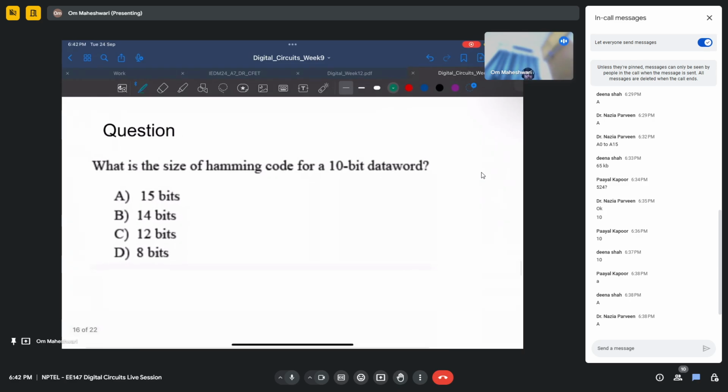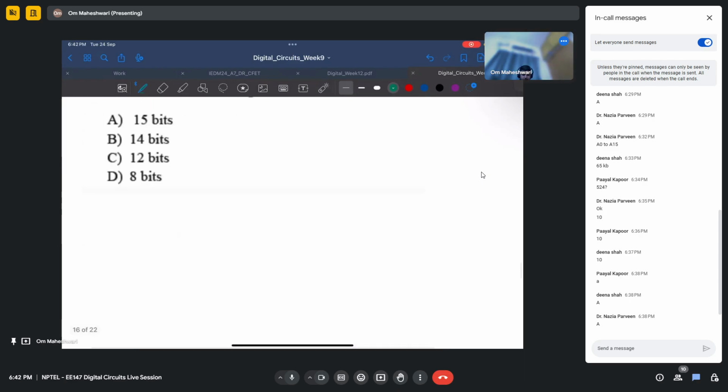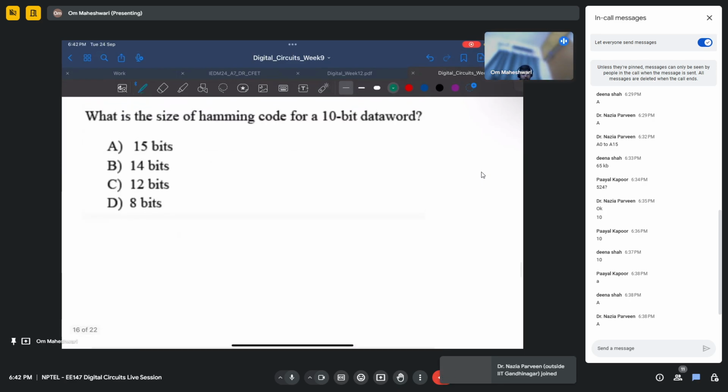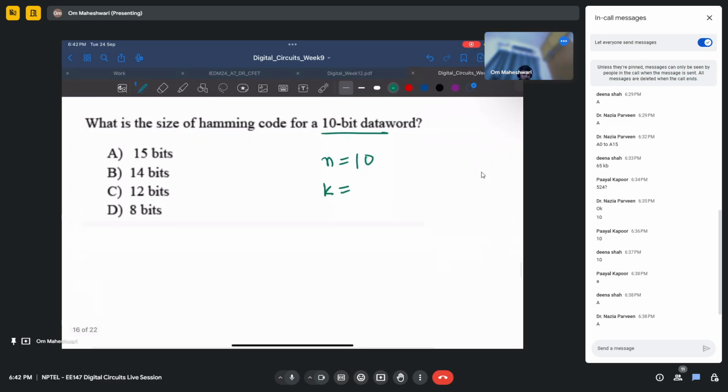Okay, so let us see this question. So most of you have answered A. So let's see. So let's say if your size of data is n, which is 10 given here, the number of code bits is, let's say, k.